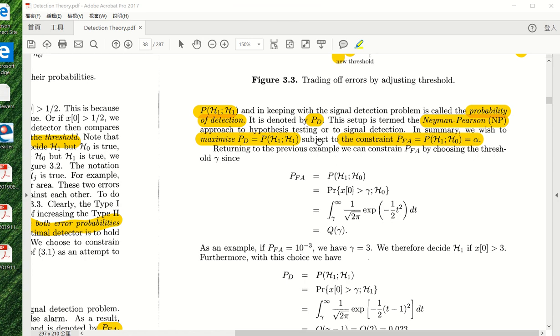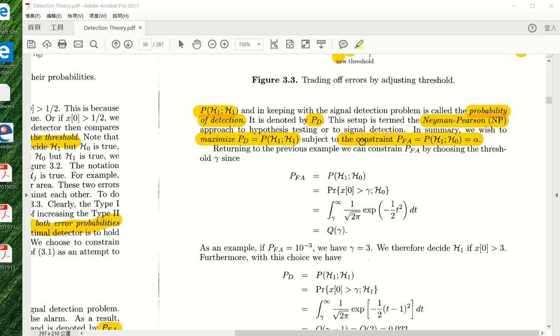Okay, in that session we talked about the Neyman-Pearson criterion. The most fundamental idea is that we like to constrain this PFA and maximize PD. Mathematically, it's understandable, but I'd like to remind you that it has very important engineering implications.